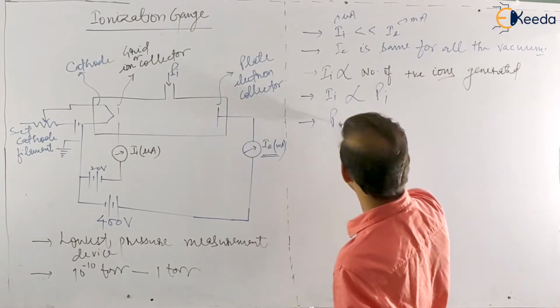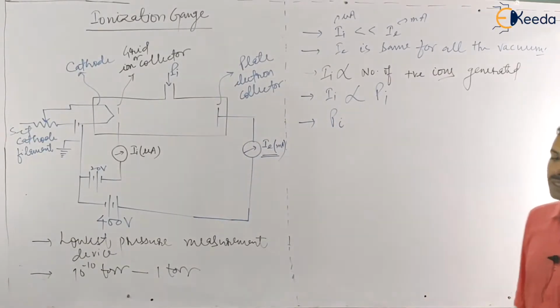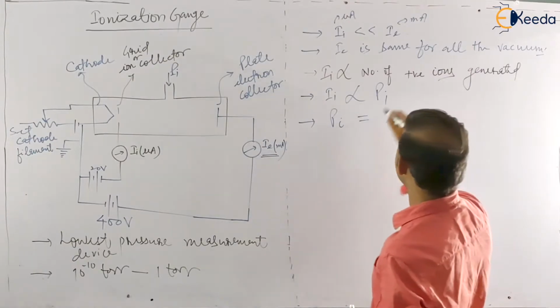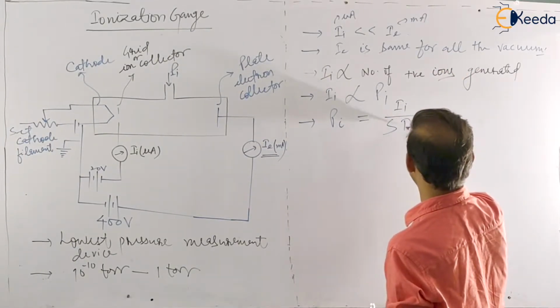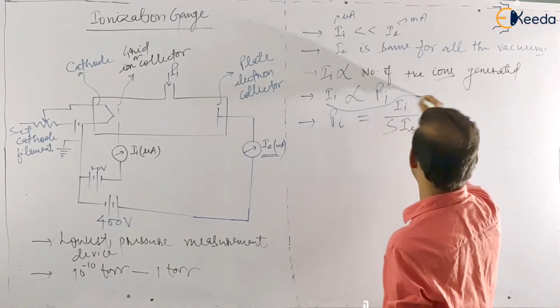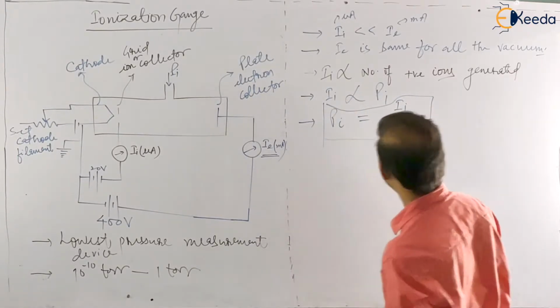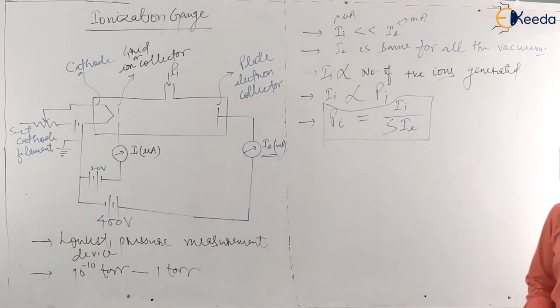So Pi, the input pressure, will be equal to II divided by S into IE, is the formula.